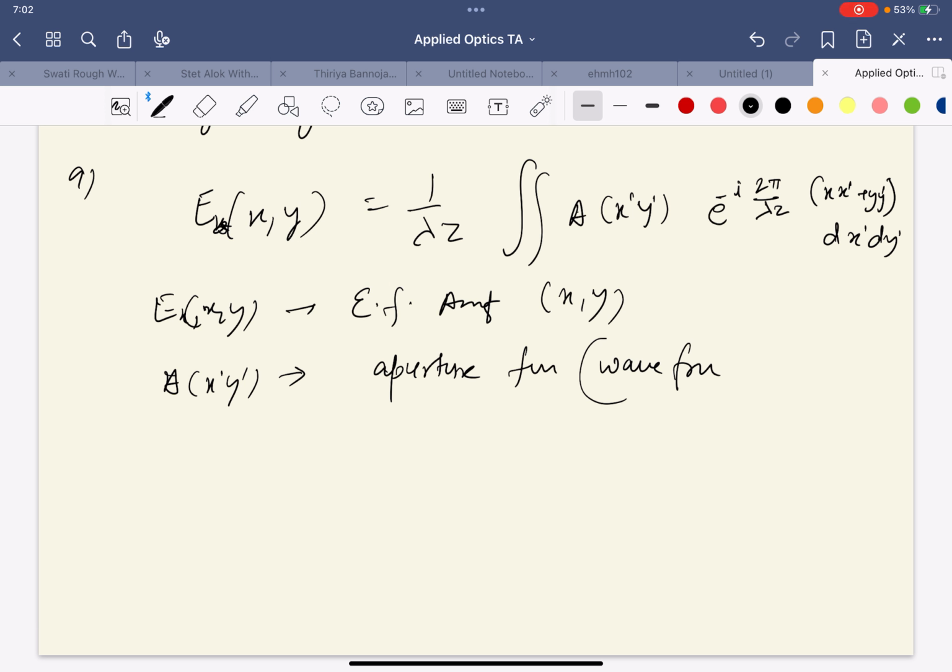Lambda is the wavelength of the incident light, and z is the distance from the aperture to the observation point.